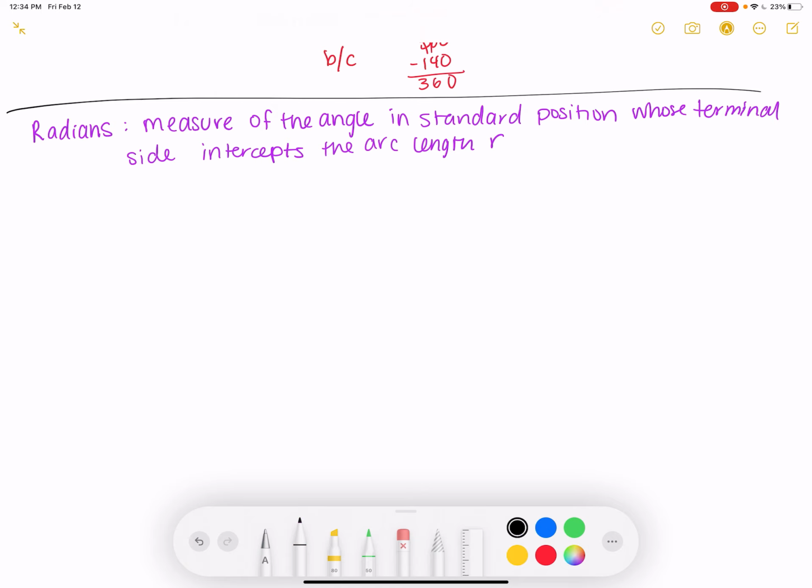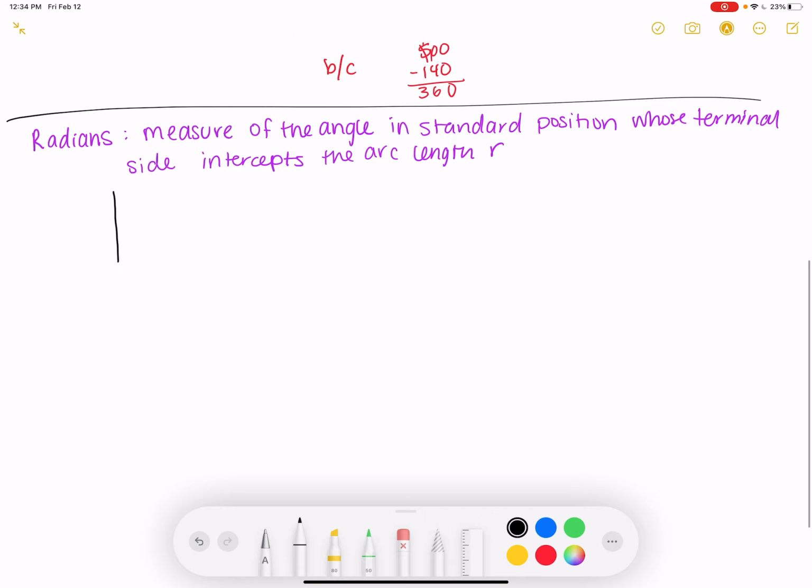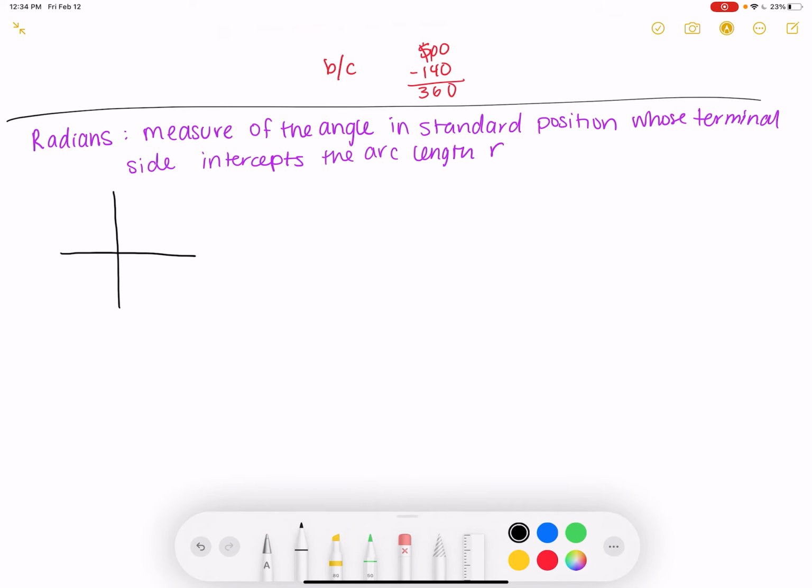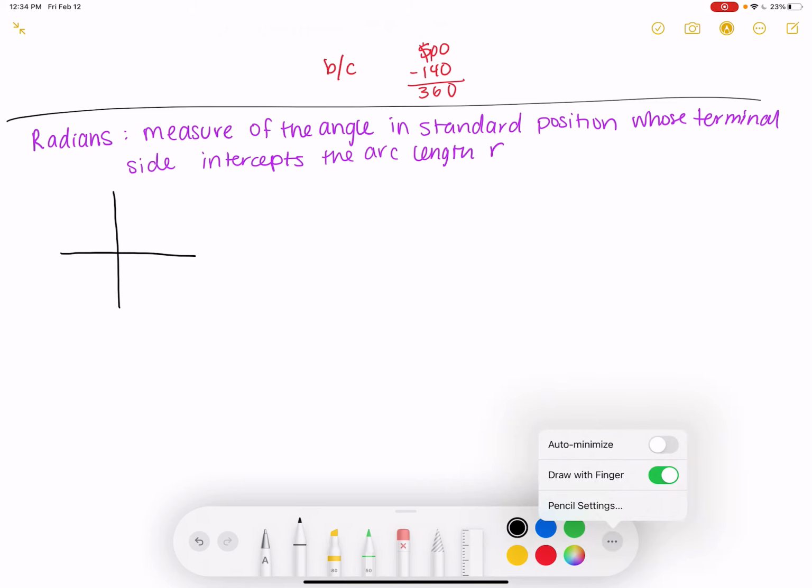Okay, so I wish I had a tool that would draw me a nice shape, but I don't think I do. So anyways, I'm just gonna attempt to draw a circle here. Don't judge my circle. It's not too bad.